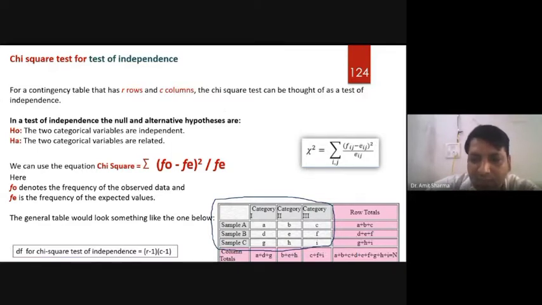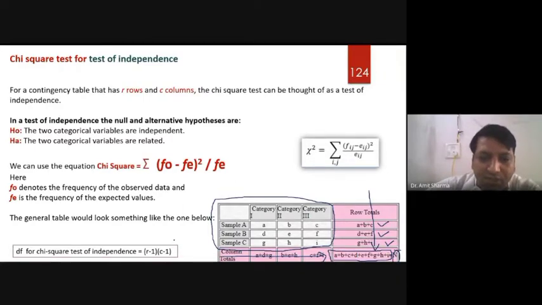For example, for sample 1, you calculate A plus B plus C. For sample 2, D, E, F, and for sample 3, the sum of G, H, and I. Clear? The total of rows and the total of columns will be called capital N, which is given here.